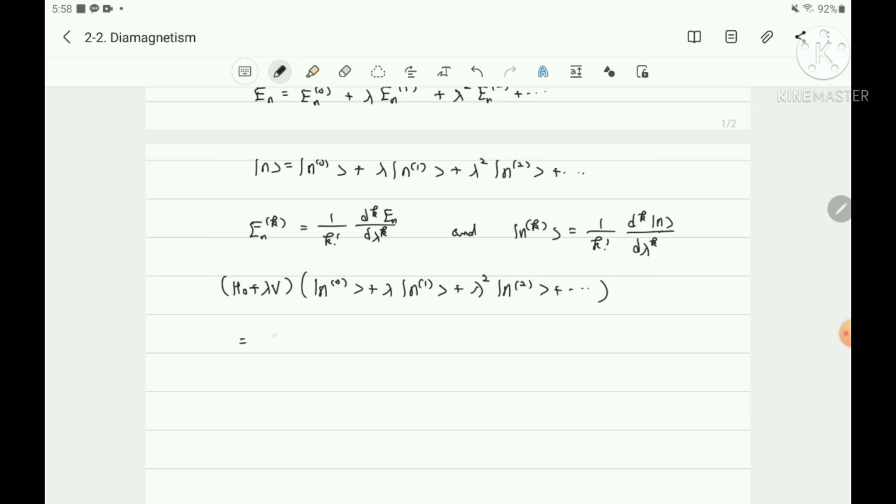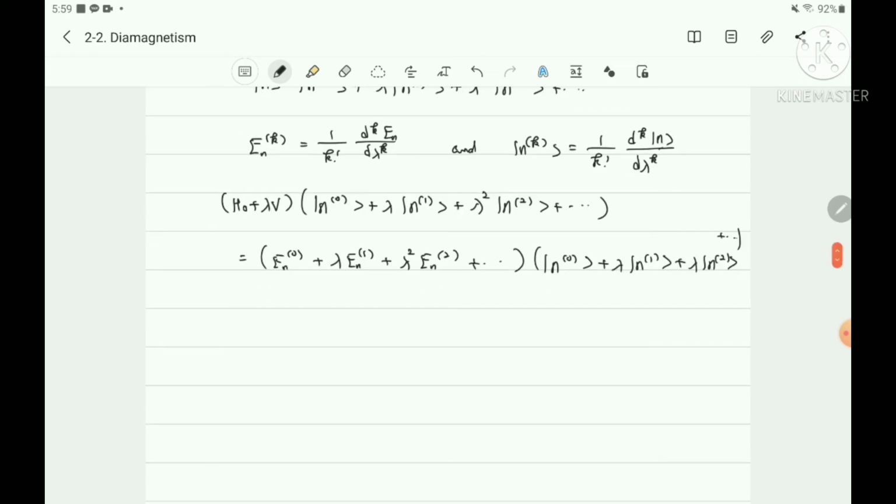The energy is E_n0 plus lambda E_n1 plus lambda squared E_n2, and so on. Here, let's consider the first order of lambda.